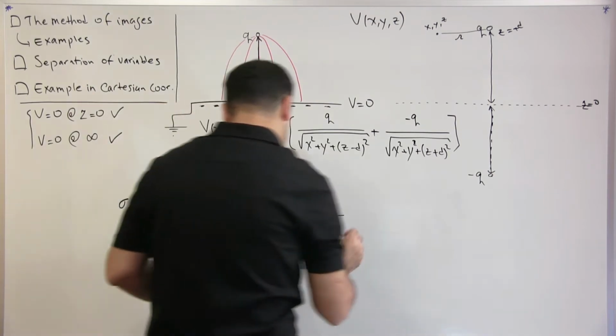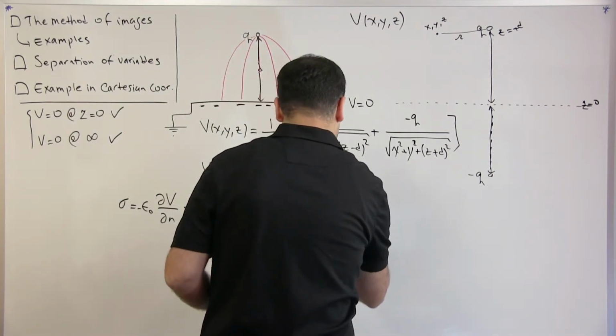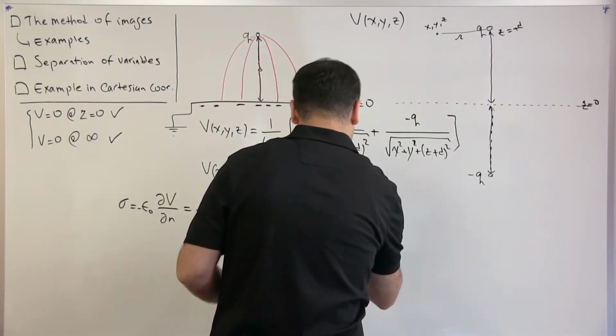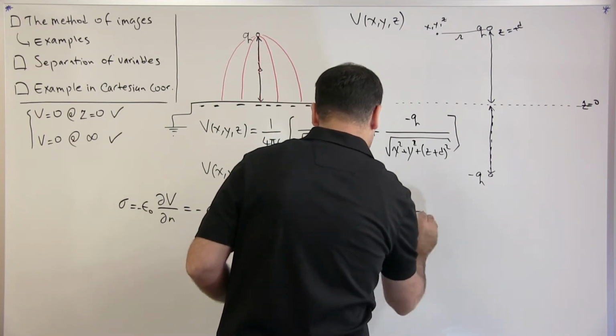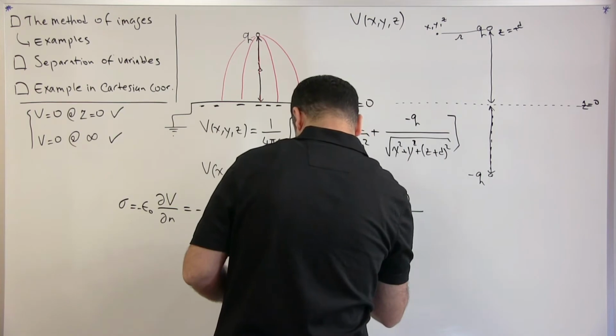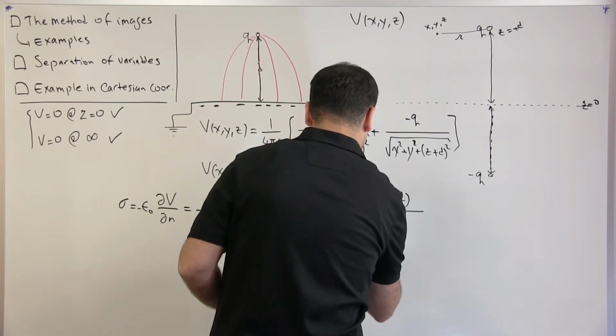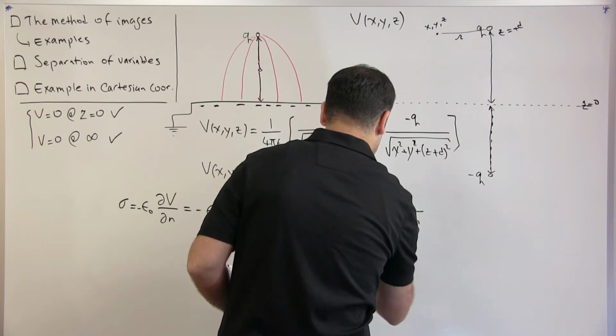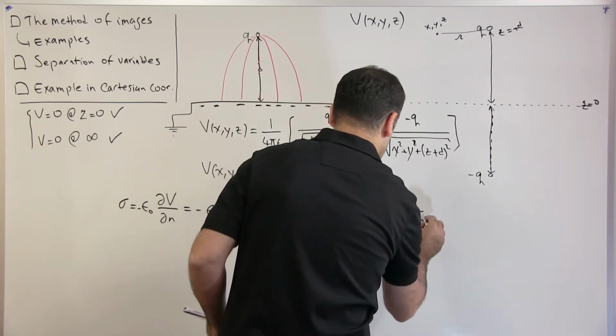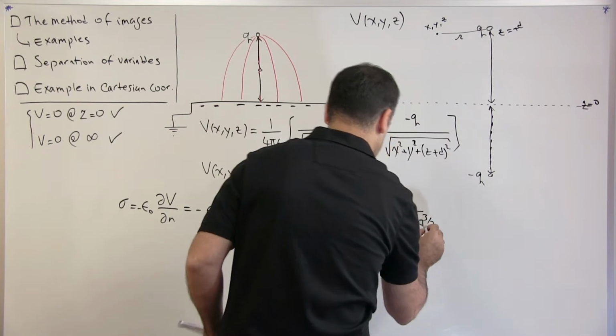First the derivative becomes negative q times (z minus d) over (x squared plus y squared plus (z minus d) squared) to the power of 3/2.